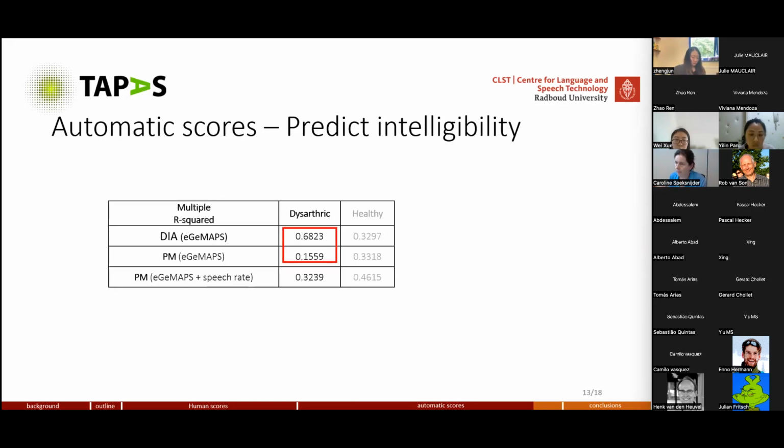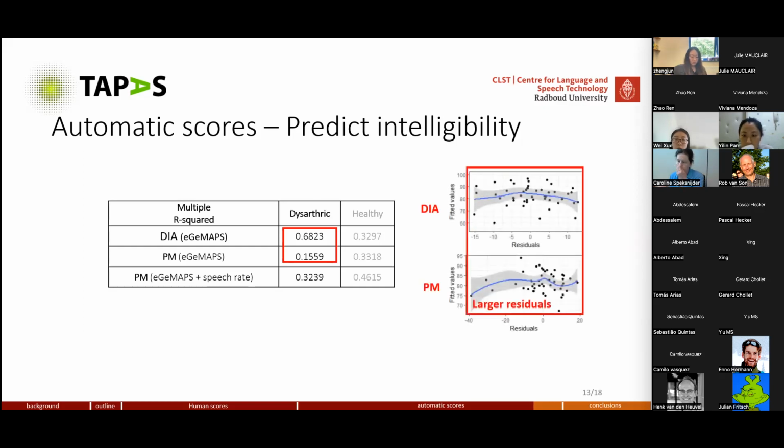Moreover, for dysarthric speech, if we combine with the residual and fitted values plots in the first round of linear regression, we can see that the model for dysarthric speech achieves larger residual values on the PM text. So these results are not surprising since the phoneme intelligibility scores were calculated based on the isolated words in the DIA task. And it seems that it does not generalize to the running speech in the PM text.